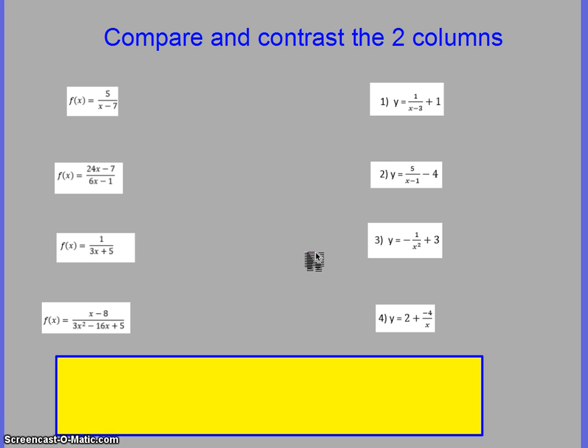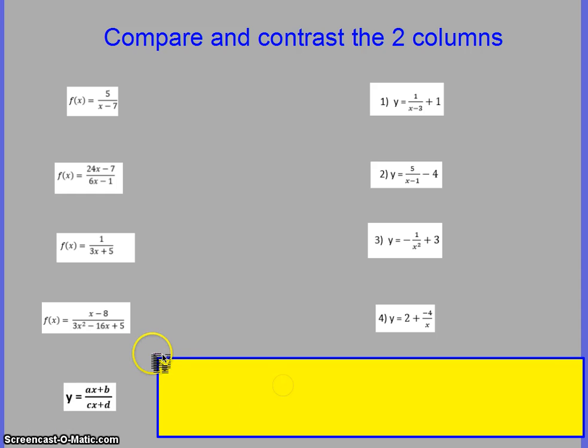Okay, we're back. This left column of rational functions are of the form y equals ax plus b all divided by cx plus d. Now this generic form you do not need to memorize. However, you need to be able to recognize that these rational functions contain only one quotient.